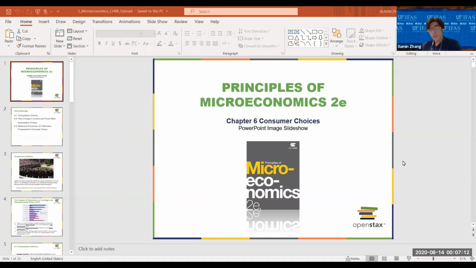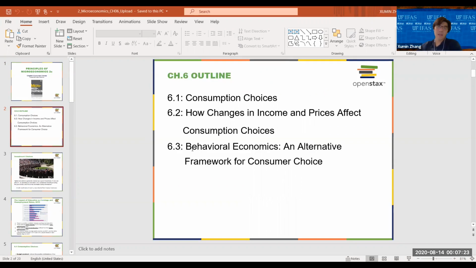The consumer choice, or let's say usually I would call this consumer theory. What does that mean, the consumer choice? What is it that a change in income or price will change in our consumption? That will be a little bit regarding behavioral economics, and also consumer preferences and perceptions, those kinds of things.